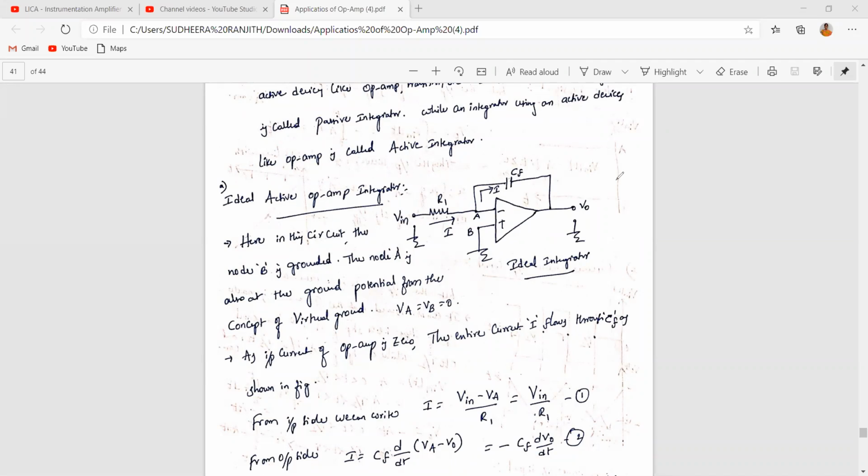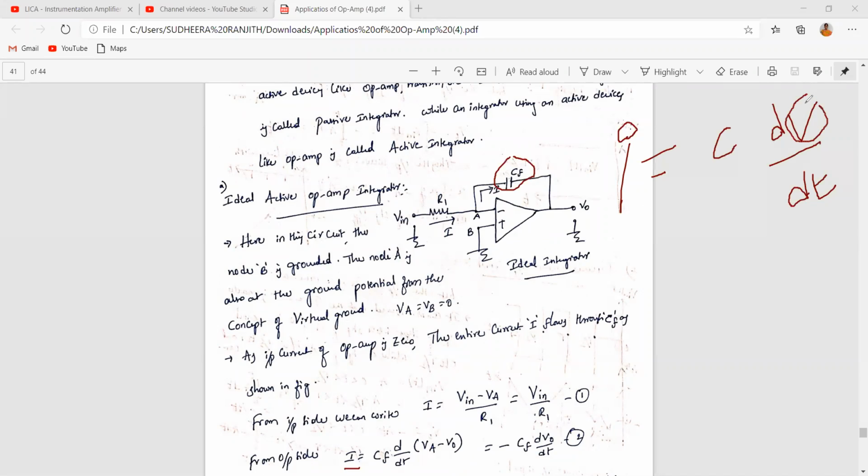What is the equation for the current through the capacitor? I equal to C dV by dt, nothing but here the feedback capacitor CF d by dt.